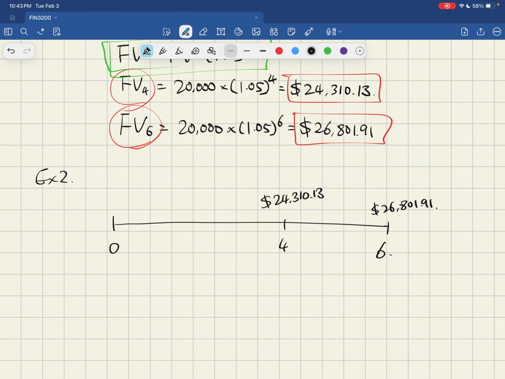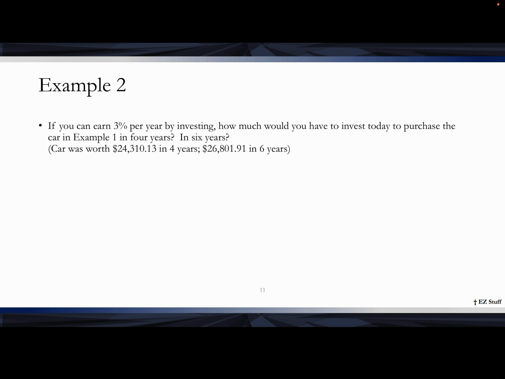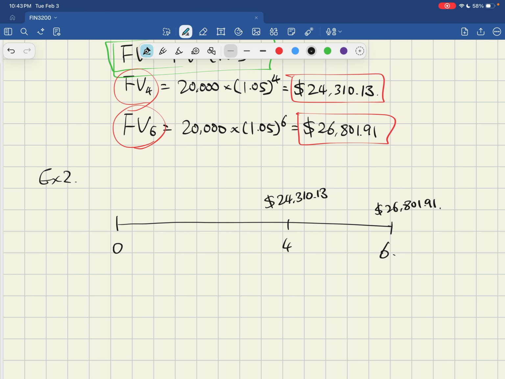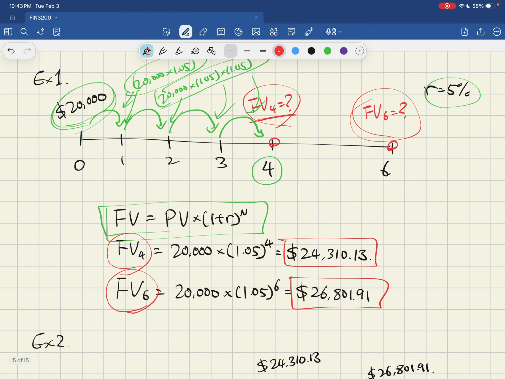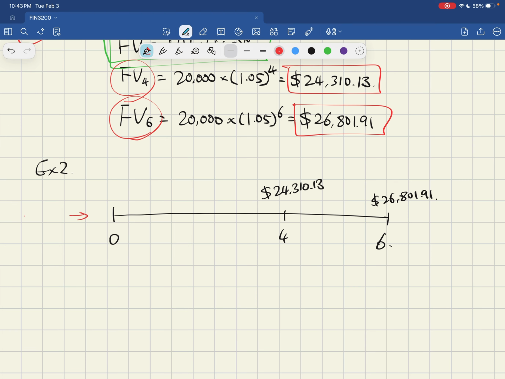Okay. And here it says if you can earn 3% per year by investing. Okay. So now, if you go back to the problem, you can earn 3% per year by investing. So this timeline now represents your investment. Okay. So up here, this timeline represented how the car price changes, but this timeline now shows you how your investment grows over time.